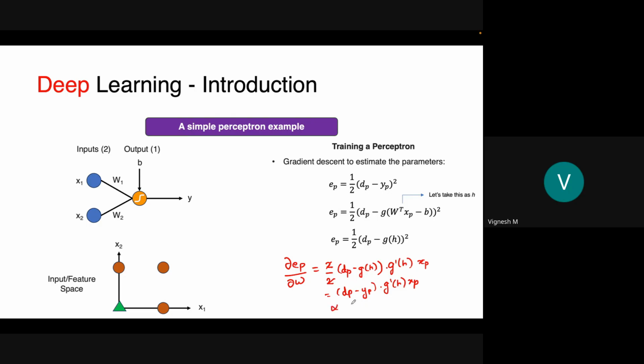So this is proportional to (d_p minus y_p) times x_p, right? So basically the change in the error function as a result of change in w is proportional to this. So how will you update your w then? Any idea?